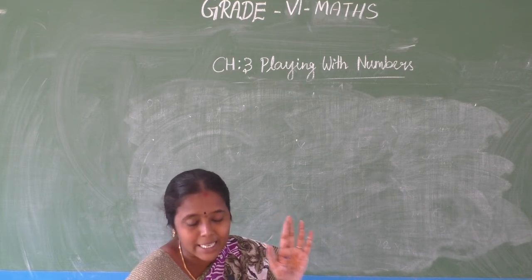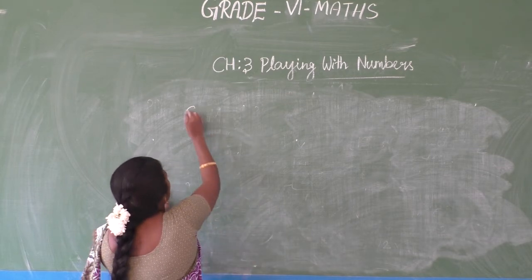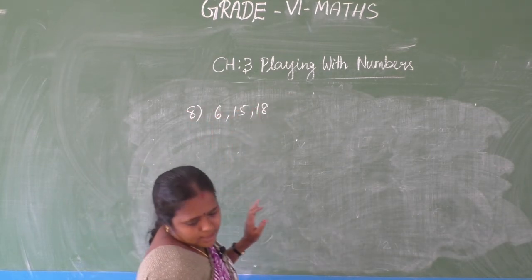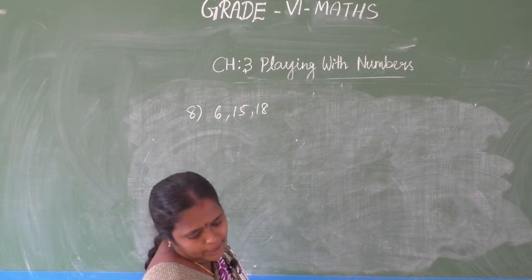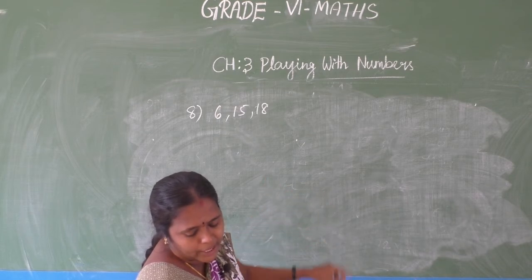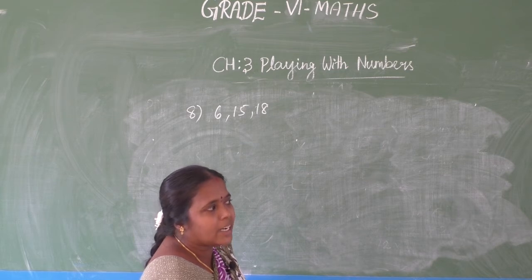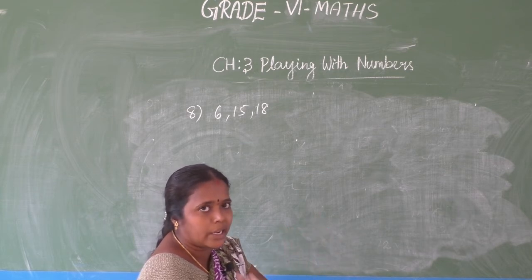First of all, find the LCM of 6, 15, 18. Leaving remainder 5 we will see later.